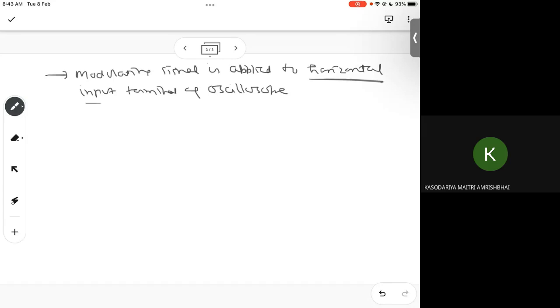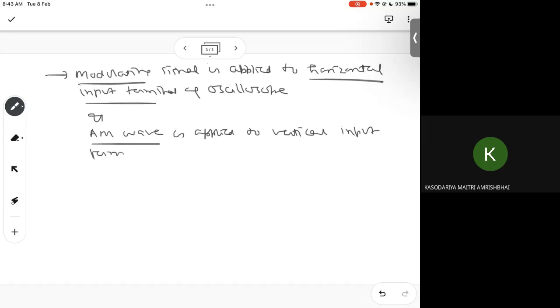We apply the modulating signal to the horizontal input terminal, and the AM wave, which we got finally, is applied to the vertical input terminal of the oscilloscope.